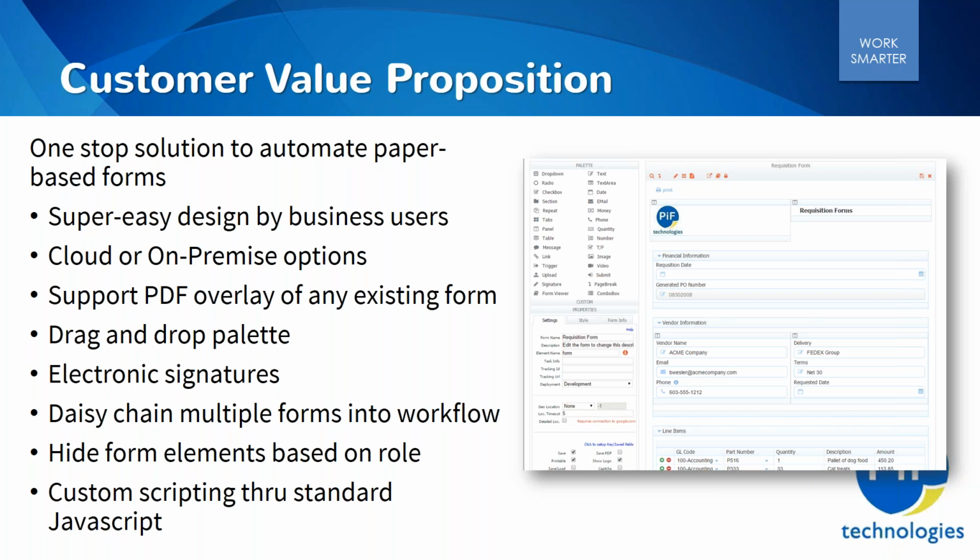So this will reduce a lot of that manual keying on behalf of your applicant or your internal employee. And we can also hide form elements. One of the benefits here is that based on role and security, you can either hide or show different parts of that form.